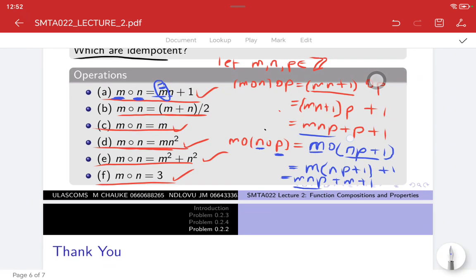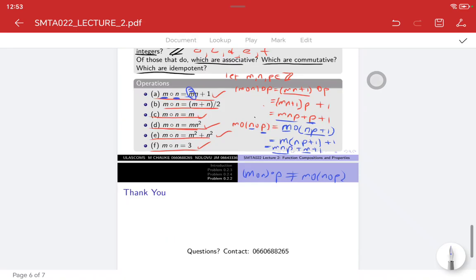But P is not the same as N. So they differ there. So since M O N O P is not equal to M O N O P with the brackets moved, therefore the associativity law is not satisfied. So that law won't be satisfied.